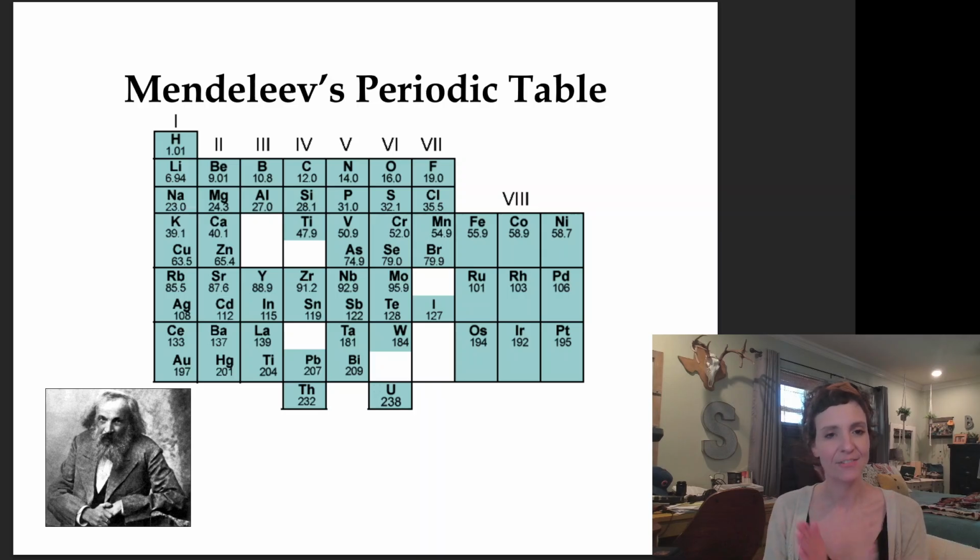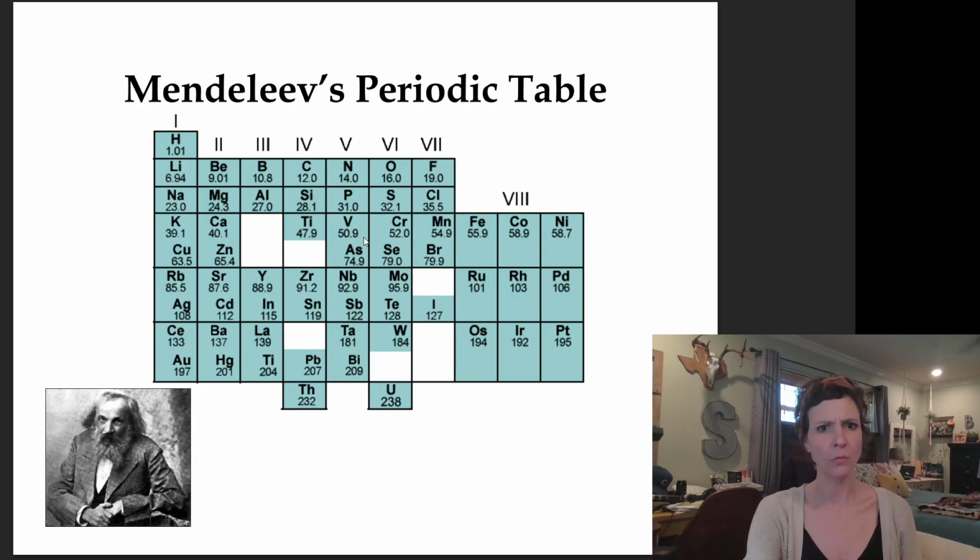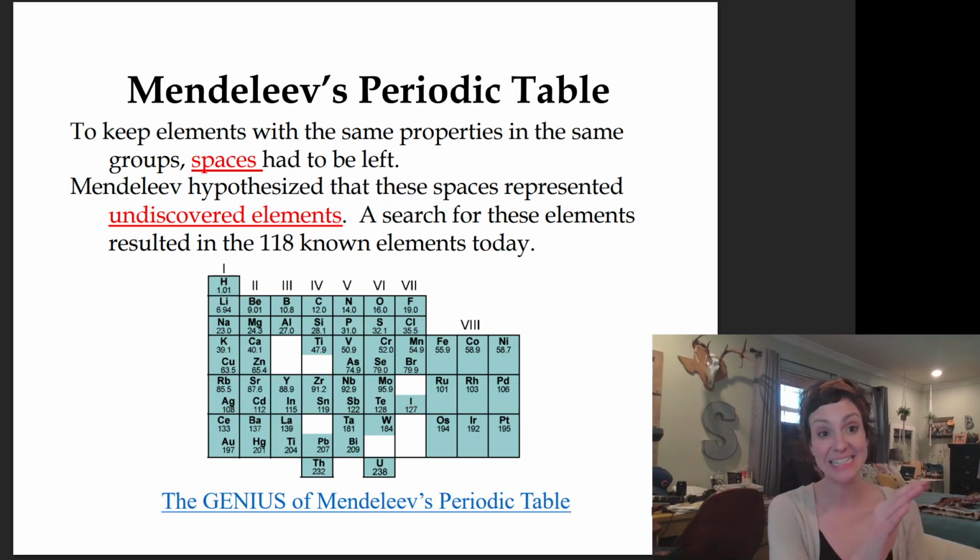But what Mendeleev realized is, if I organize them by properties and by mass, there are going to be some holes in here, because there should be something in there that maybe we have not yet discovered that has the mass of that unidentified element. So to keep the elements with the same properties in the same groups, those spaces had to be left.